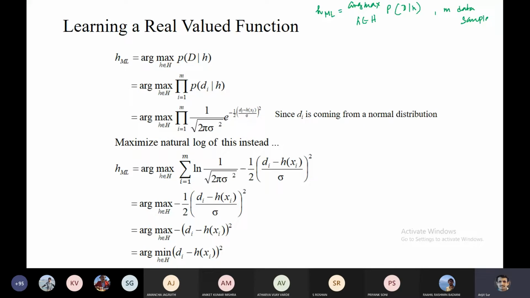So in the probabilistic setting, we have to multiply each data sample. What is the probability of that?